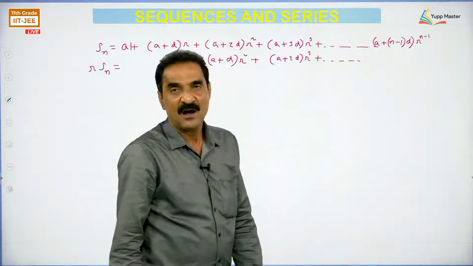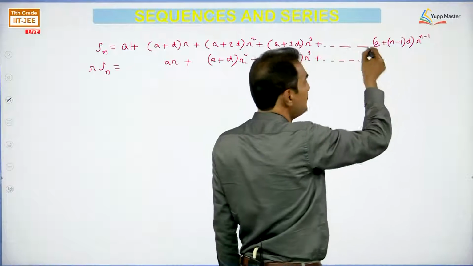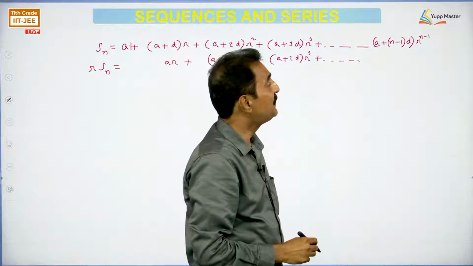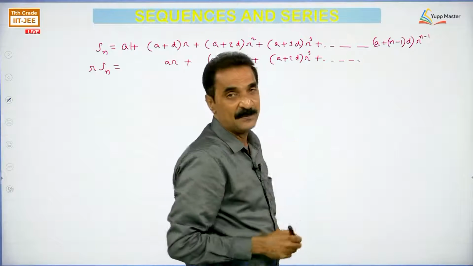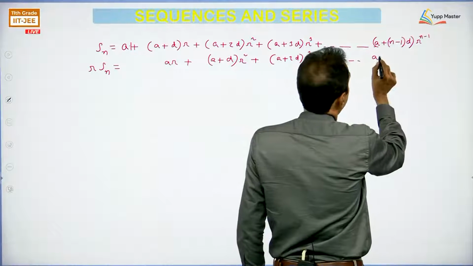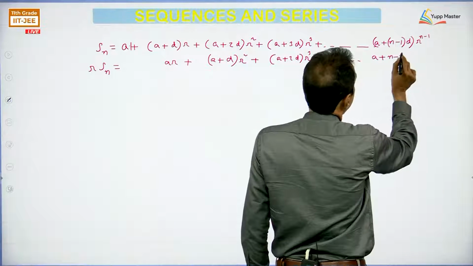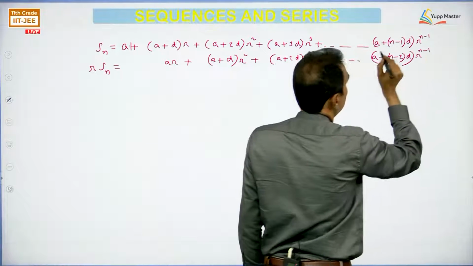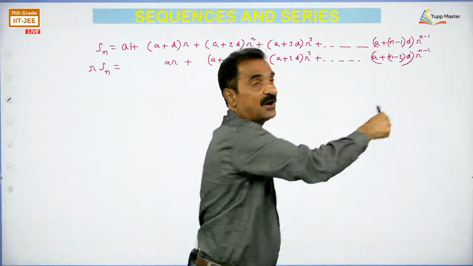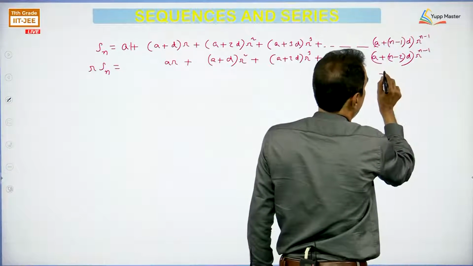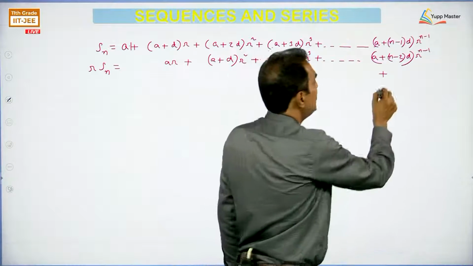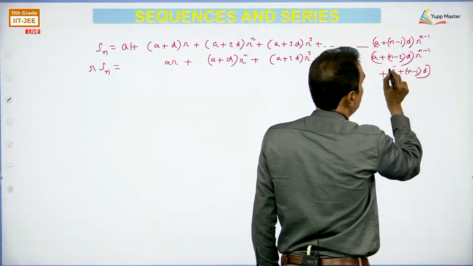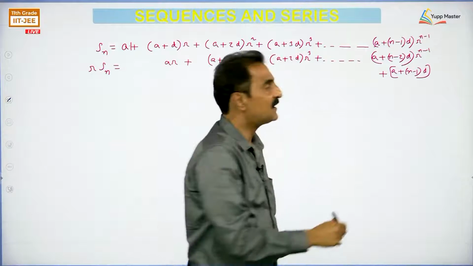Now, under the last term, you will get the previous term into R. What is the previous term? A plus n minus 2 into D into R power n minus 2. If you multiply by R, it becomes A plus n minus 2 into D into R power n minus 1. But last term into R will come next to this. So, I will write it here plus A plus n minus 1 into D into R power n minus 1 into R will be R power n.